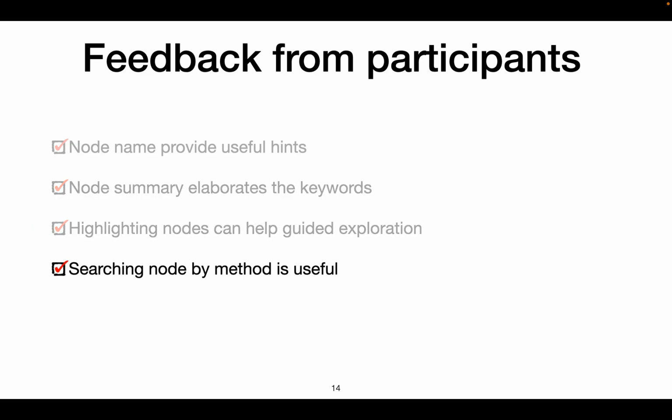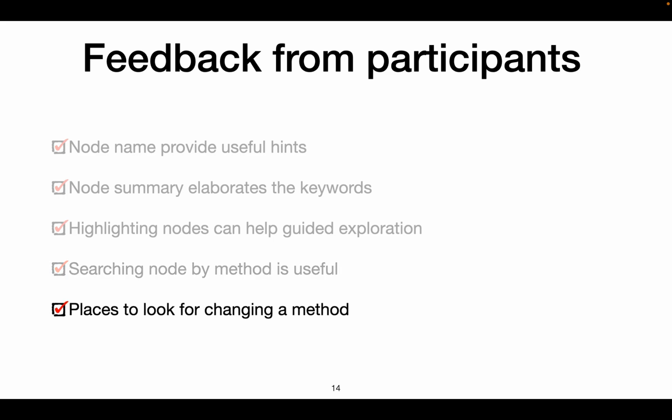They suggested that searching by keywords in the tree can help them, instead of just randomly going through the code base, they can have a guided way to explore. They also appreciated that they can search by keyword in the methods, and the system can highlight the nodes.